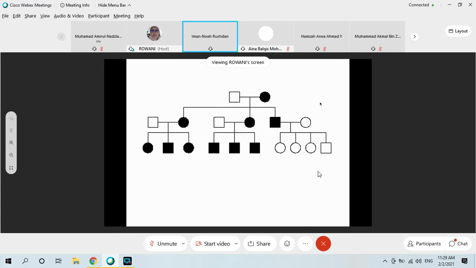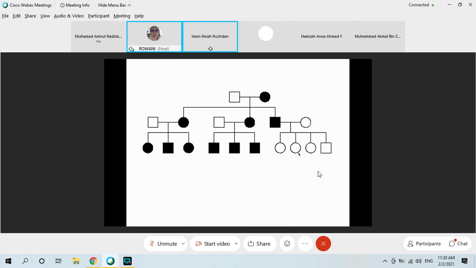Tapi in this case, daughter semua tak kena kan? Affected male, daughter tak kena. So kalau X-linked dominant, the male will transmit the disease to all daughters, kan? Correct.